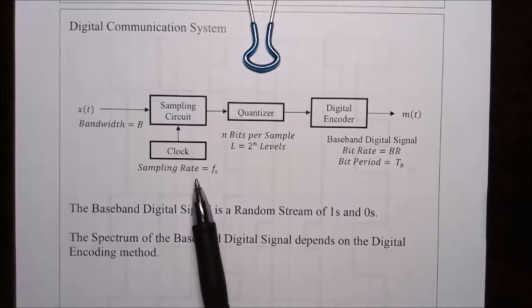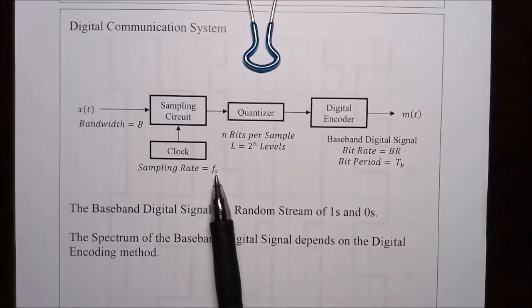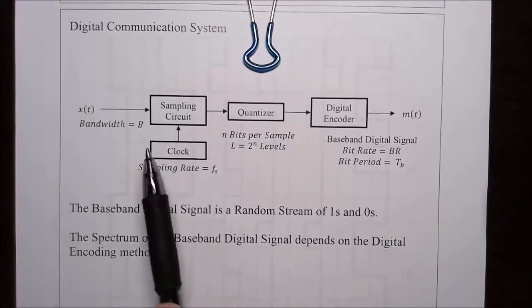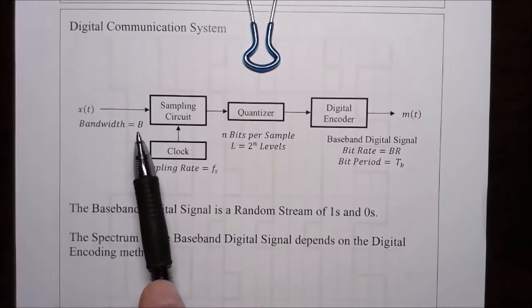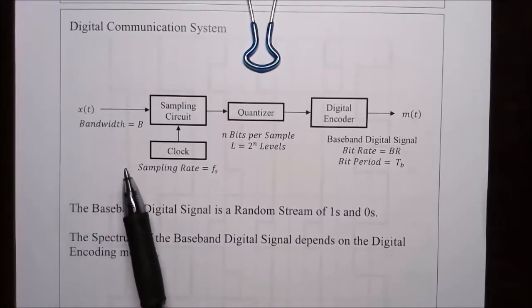The Nyquist sampling theorem says that the minimum sampling rate is twice the bandwidth of the message signal, twice the highest frequency in the message signal.